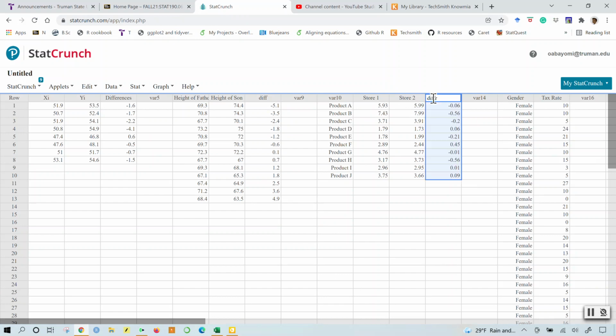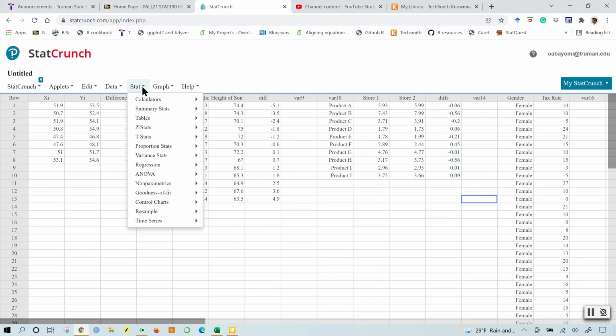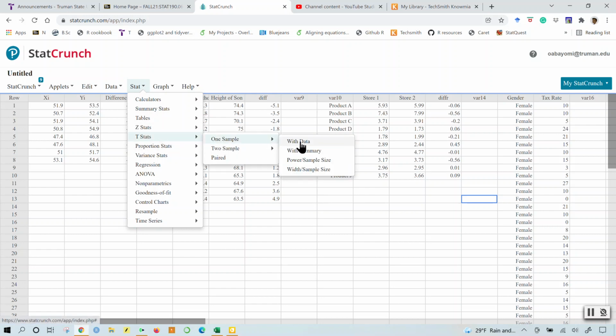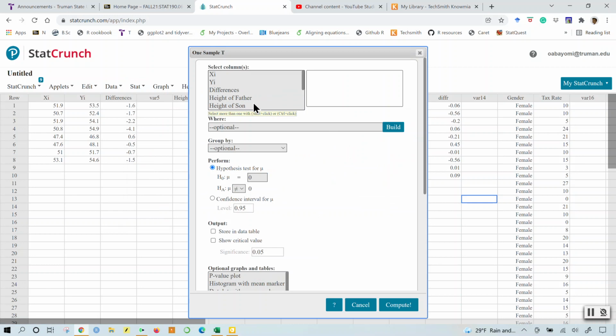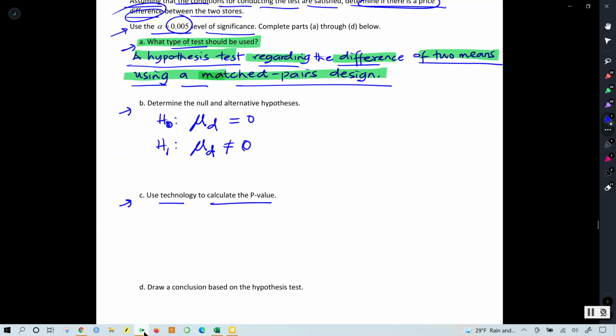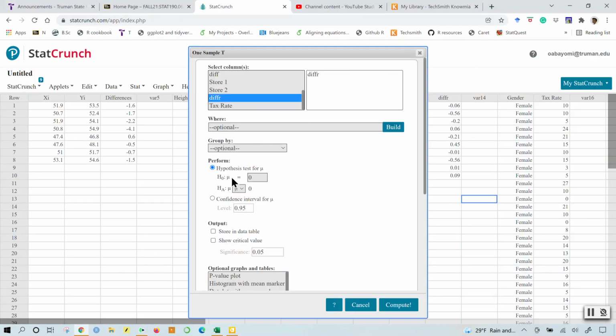Paste up there. There we go. And so with that, I'm going to go to Stats, go to T-Stats, one sample with data, and that data is DIFFR, and I would like to perform a hypothesis test. Going back to my notes, this is not equal to 0, so I want to make sure that is true, not equal to 0, and I would like to show the critical value.